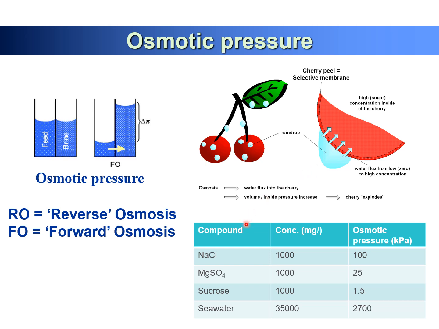So let's look at the compounds: sodium chloride, magnesium sulfate, and SWRO seawater. Sodium chloride at 1000 milligrams per liter has an osmotic pressure of 1 kilopascal, and magnesium sulfate at 1000 has 25 kilopascal, 0.25 bar.